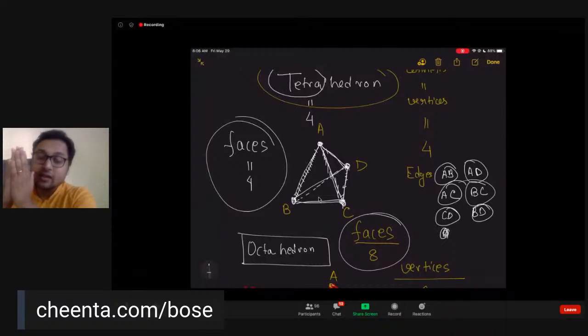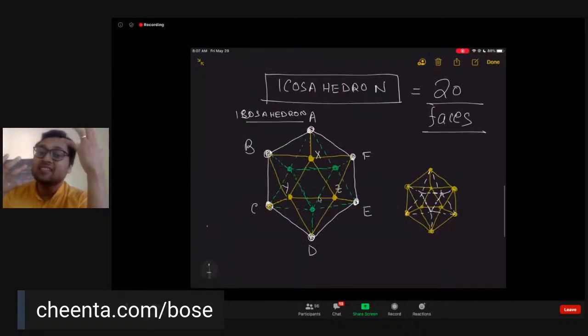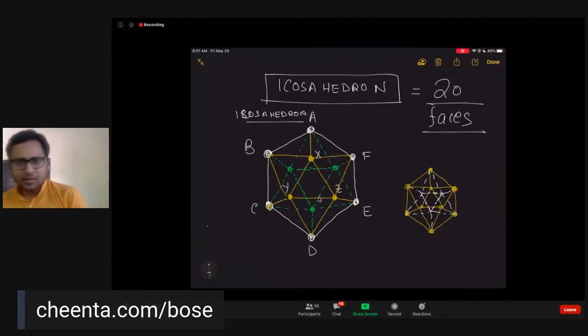I'm following a specific strategy to draw. Otherwise, if I had to draw a 20-faced solid, I would be in big trouble. It is not easy to draw. And even the drawing strategy has some geometry involved in it. So in the Math Olympiad program that we have, we of course go into these things in greater detail.